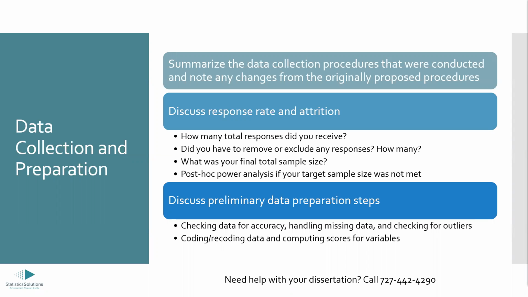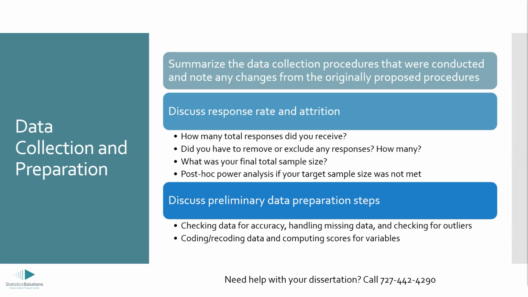You'll want to talk about handling missing data. So you may have excluded some participants who were missing some data, but maybe you still included some participants who are missing some data. If so, then you'll need to explain how you're handling any missing values for participants that you retained for your analysis.